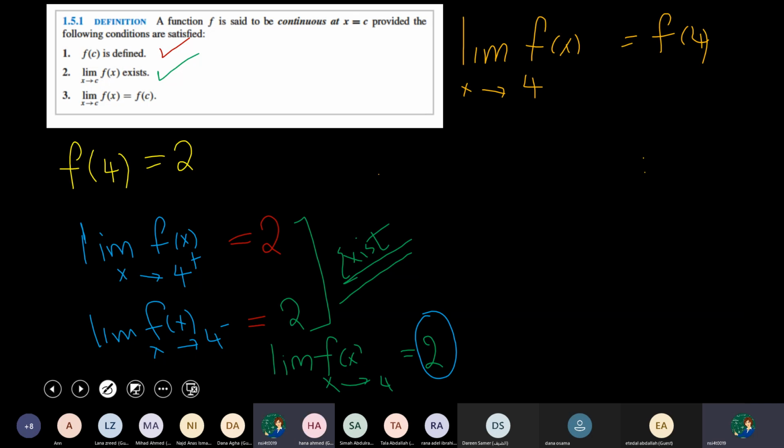Equal what? Look at the numbers here. 2. And f of 4 is equal to what also? 2.